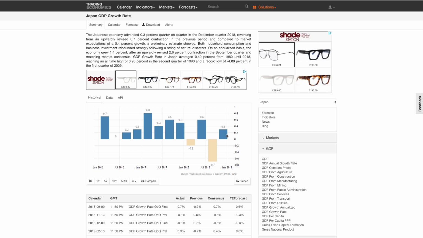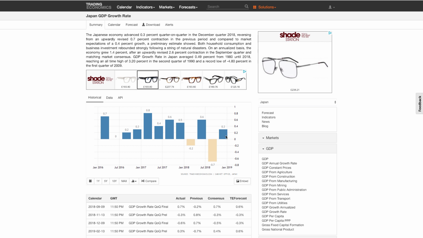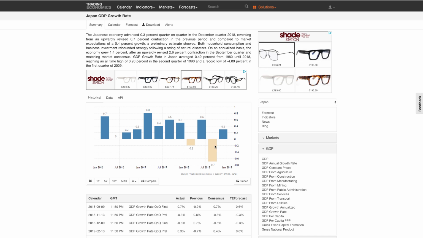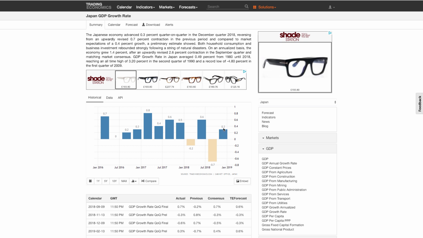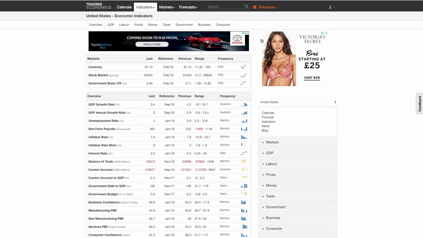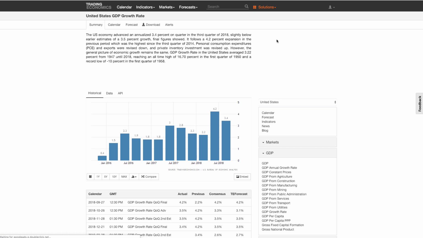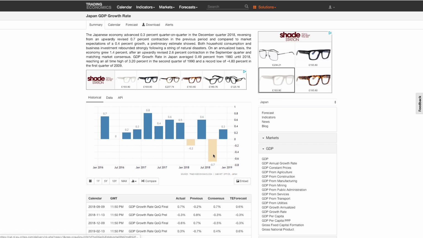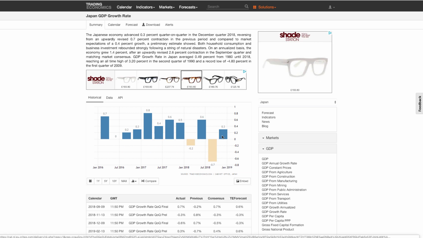I think it was last night, the GDP report came out, and they had pretty much just narrowly avoided recession, so 0.3%. Again, compare the dollar, 3.4, with the Japanese yen potentially avoiding recession, 0.7, 0.3.